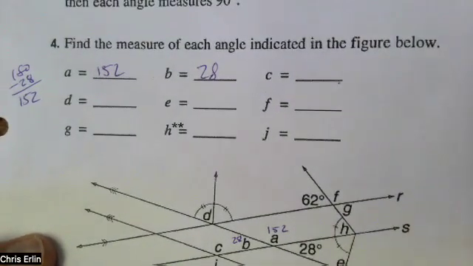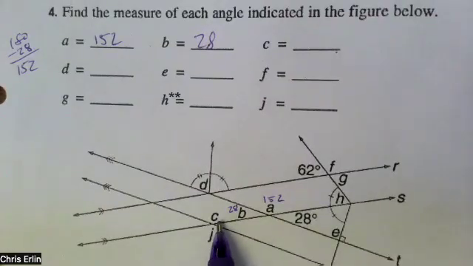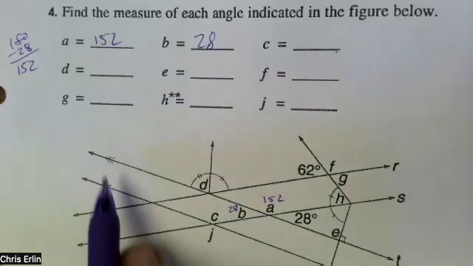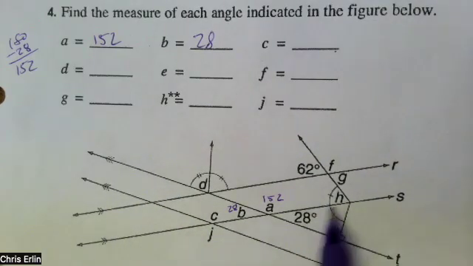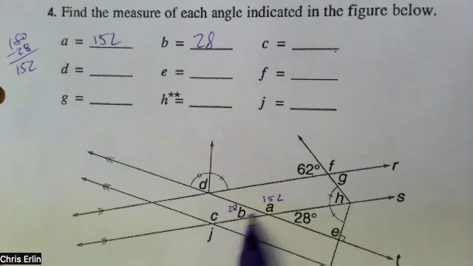What about C? What's the relationship of something near C? Good. C and B. What's their relationship? Same side interior. Well, that's only helpful for me if the lines are parallel. What do these marks mean? Parallel. So if parallel lines cut by a transversal form same side interior angles, then those angles are?